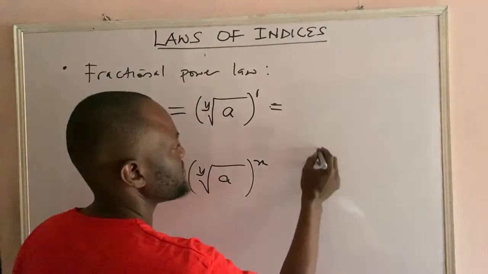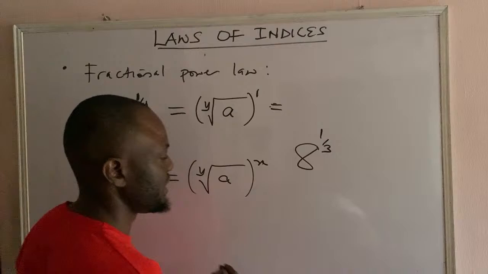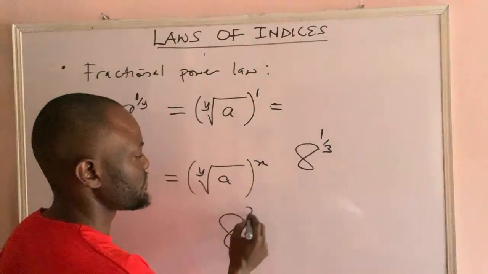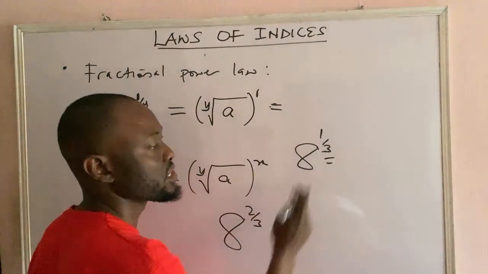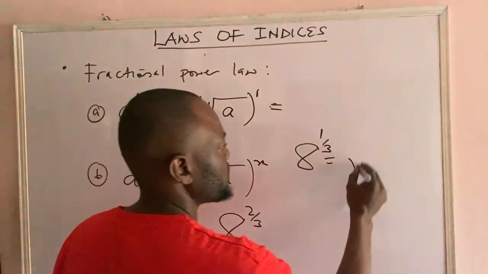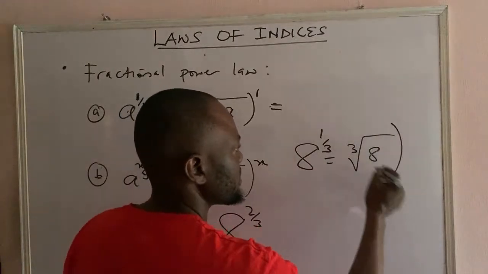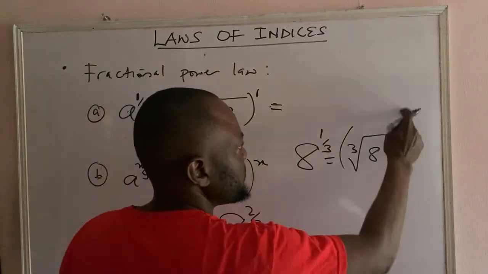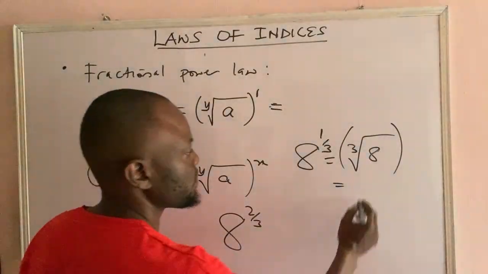In a case where I have 8 raised to the power of 1/3, and then 8 raised to the power of 2/3. In this case, my fractional denominator will be the third root of the base, which is 8, all raised to the power 1, but I don't need it because 1 has no effect. So the third root of 8 will just give me 2.